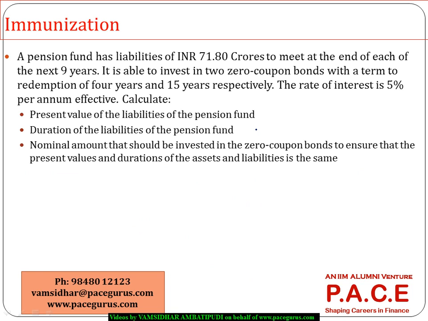Straightforward. Present value of the liabilities: 71.8 crores to be met at the end of each of the 9 years. So the present value is nothing but 71.8 times a9, since it's a regular annuity, at the rate of 5% interest.